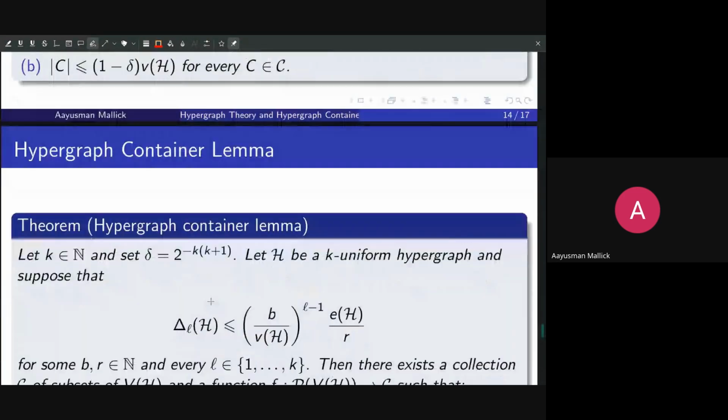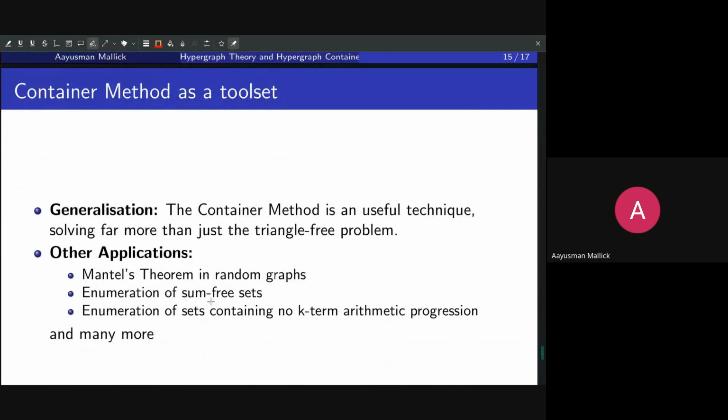And not only is this used for graph theory problems and hypergraph problems, it is used in a wide range of fields in mathematics. I have given 3 examples as applications. Here we have considered Mantel's theorem for fixed graphs, but what about Mantel's theorem for random graphs, from which the consideration of this method started?